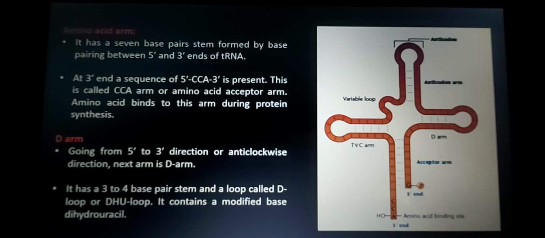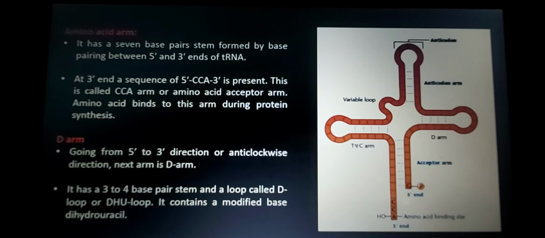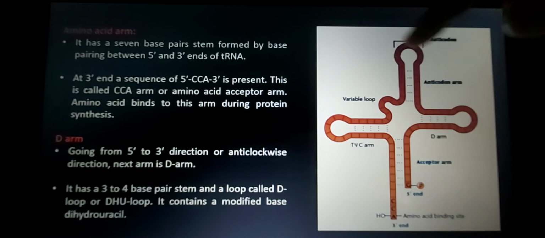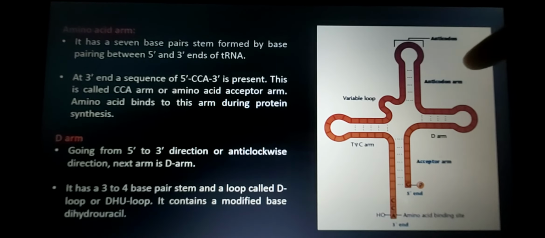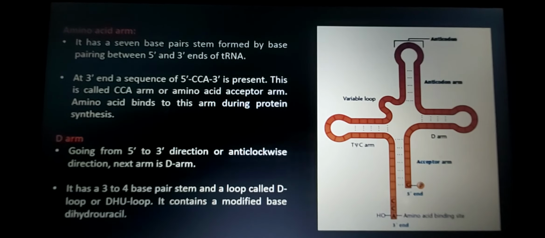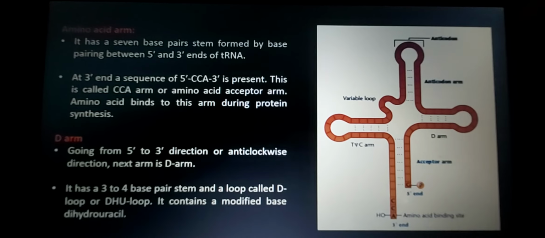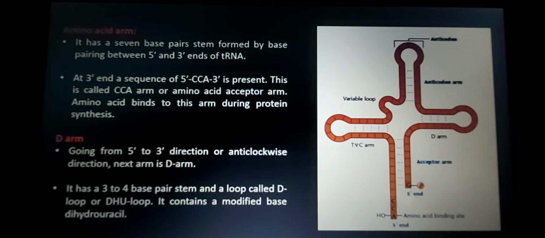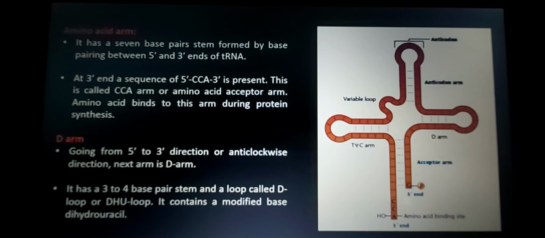So amino acids bind to this arm during protein synthesis. Now, going in the anti-clockwise direction, the next arm that we see is the D arm. This arm has 3 to 4 base pairs and a loop called the D loop. Because of the modified base dihydrouracil, this arm has been given the name D arm.